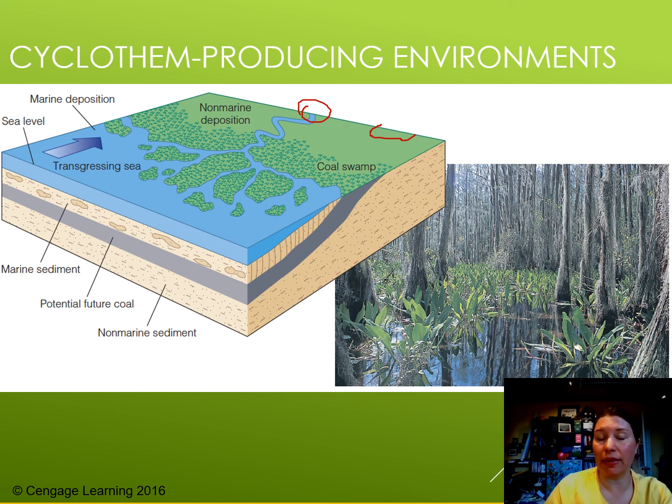We have a delta covered by a swamp, which is going to form coal. And then we start to get into offshore and finally out at more open sea marine environments. This is a picture of the Okefenokee Swamp in Georgia, a really good example of a modern coal-forming environment, though of course not on the scale of anything from the Pennsylvanian period, but it is similar in a lot of ways.